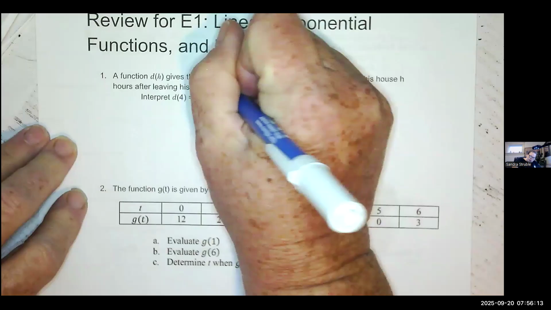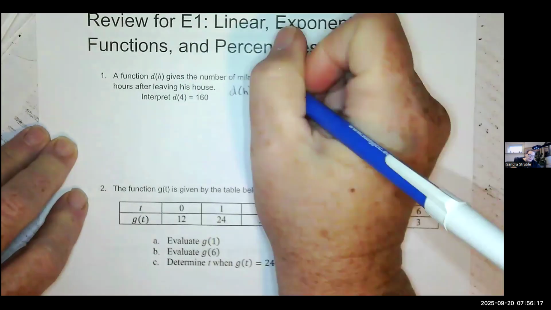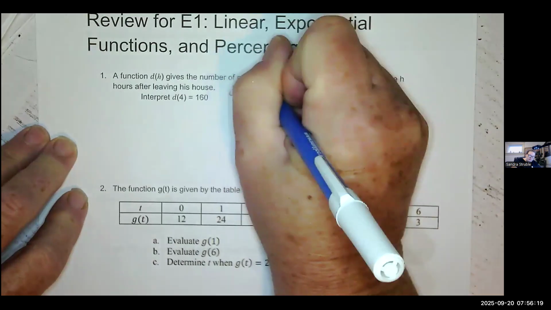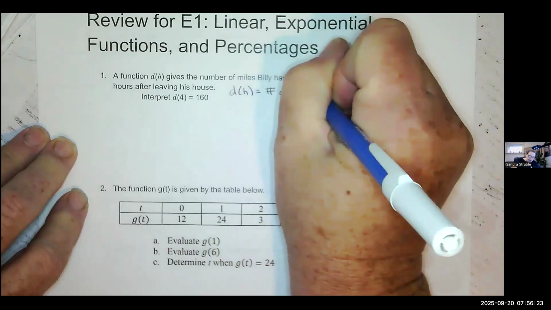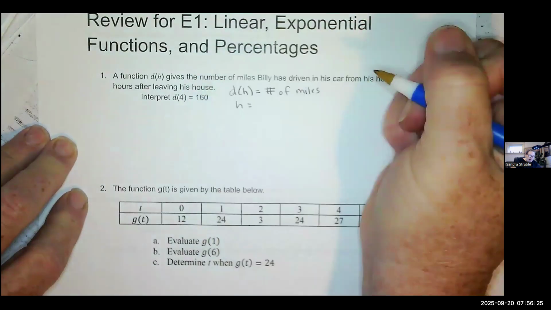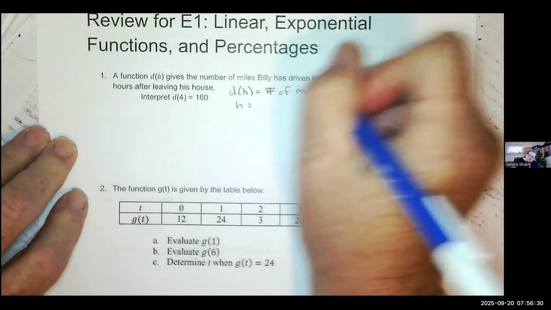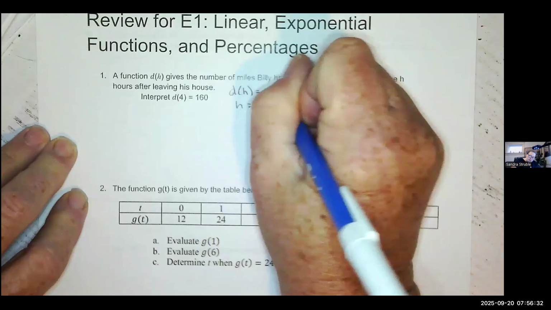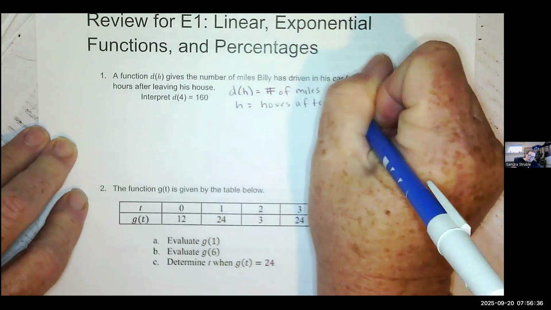If d of h, and they're telling us the definitions of what each of these things are, is the number of miles, so the number, not a hashtag, number of miles. And h is the hours after leaving his house, so hours after leaving home.